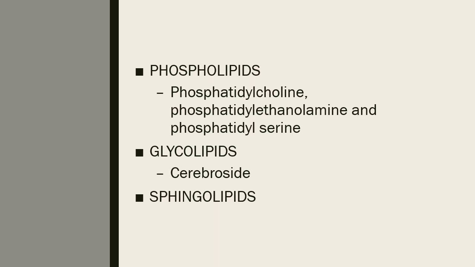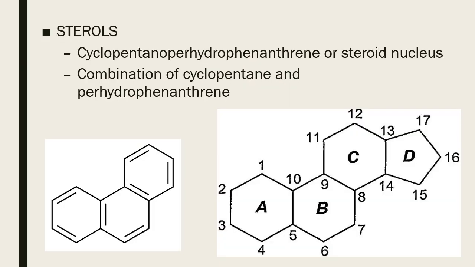Okay, moving on. Let's take a look at your sterols, of course. Your sterols include your aromatic alcohols, and these aromatic alcohols are actually derivatives of cyclopentanoperhydrophenanthrin, or your steroid nucleus.